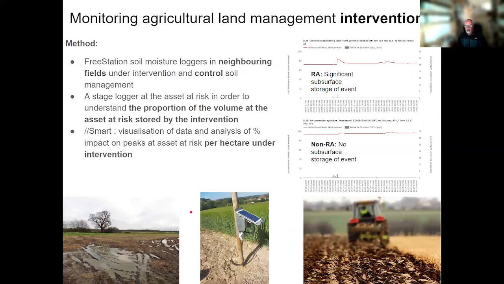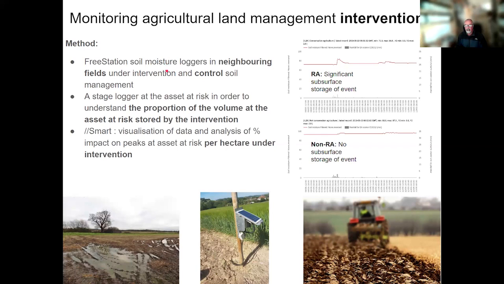If we want to look at an intervention in an agricultural context, then we would need two of these types of data loggers. We would need to identify soil moisture dynamics in a field under an intervention, such as regenerative agriculture, reducing tillage, for example, and then a neighboring field, same climate, same geology, same soil, that was under a different management technique, so counterfactual.